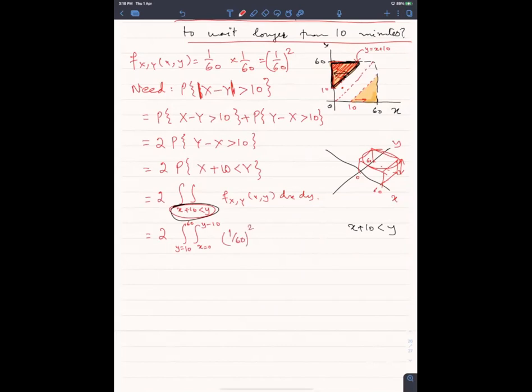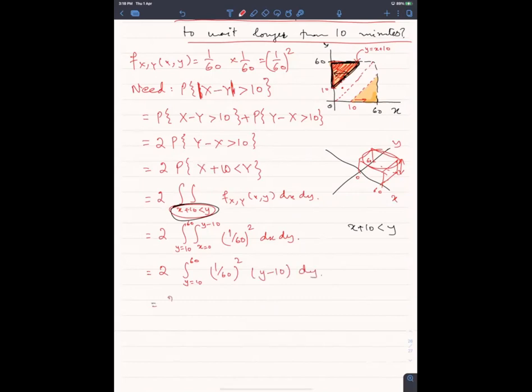And this would be 1 over 60 squared dx dy. This is the easiest integration. So y going from 10 to 60, 1 over 60 square, और x को अगर आप इंटीग्रेट करें, you will get y minus 10 dy.